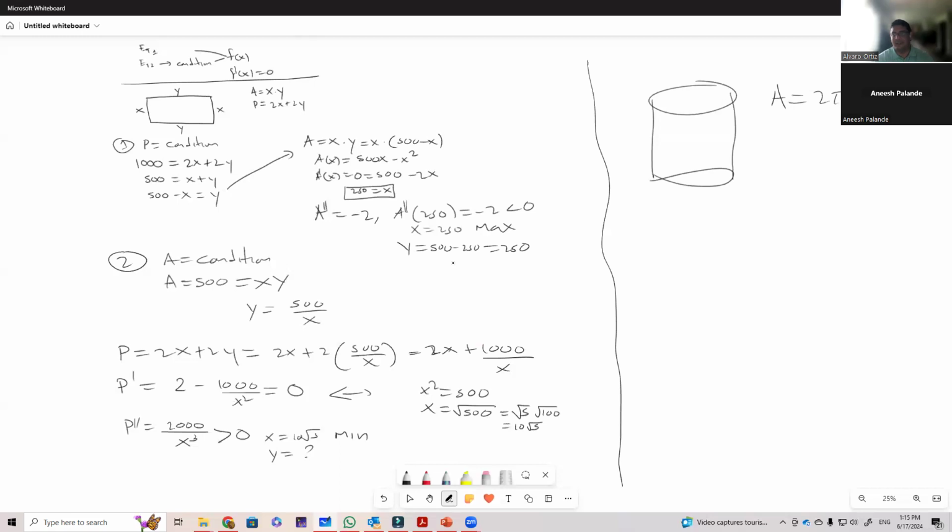But then you have some relationship that gives you h. The volume of the can, pi r squared h, is only supposed to be 500. So h is 500 over pi r squared, and then you replace everything in terms of r.